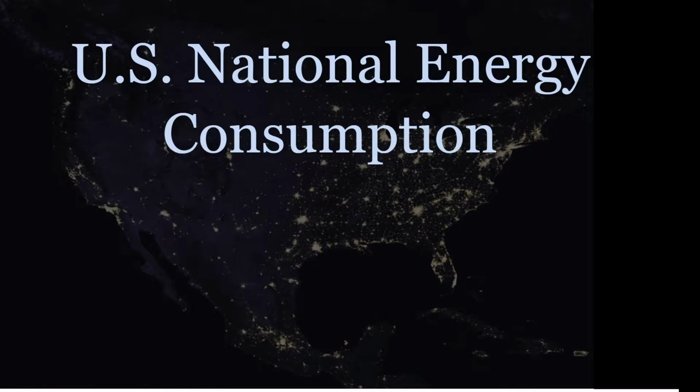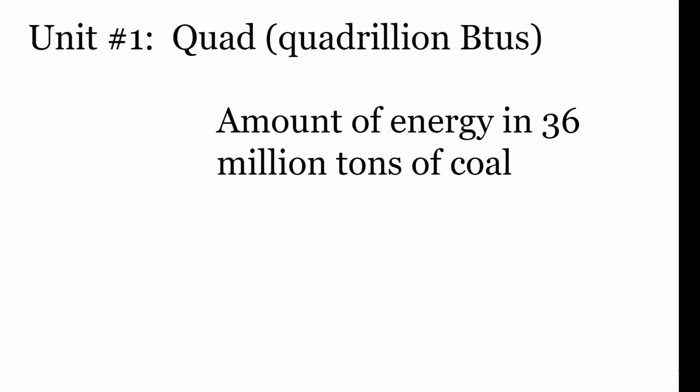To quantify the US national energy consumption, we need an appropriate unit that we're able to interpret very easily. That unit is called a quad. A quad is short for quadrillion BTUs, and it's approximately equal to the energy in 36 million tons of coal. So one quad means a lot of energy, because it's 36 million tons of coal.